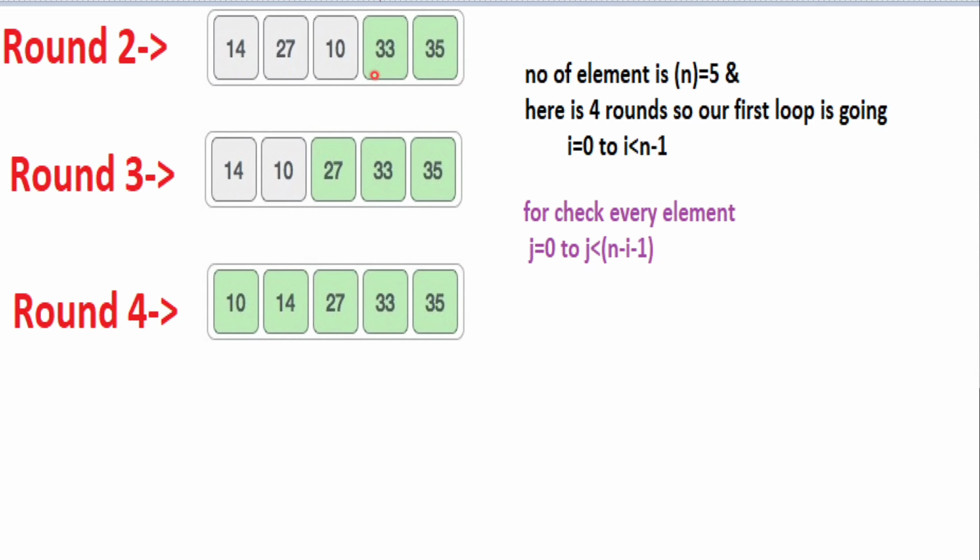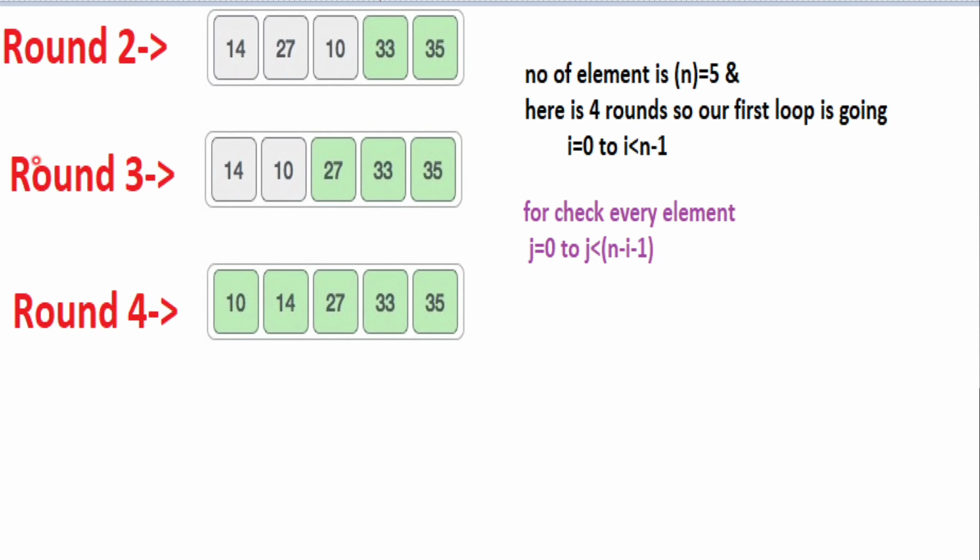Here, in the previous case, the biggest element was in the last position. For round two, we find the second biggest element, 33, at the second last index.